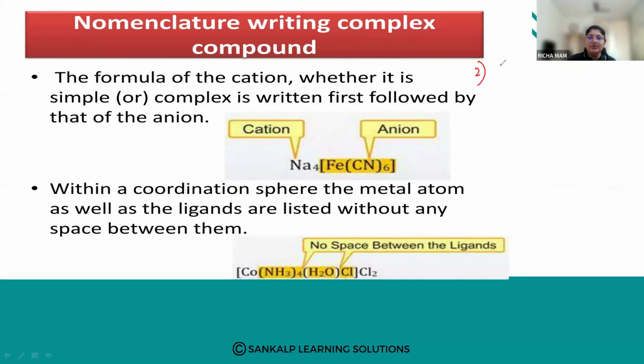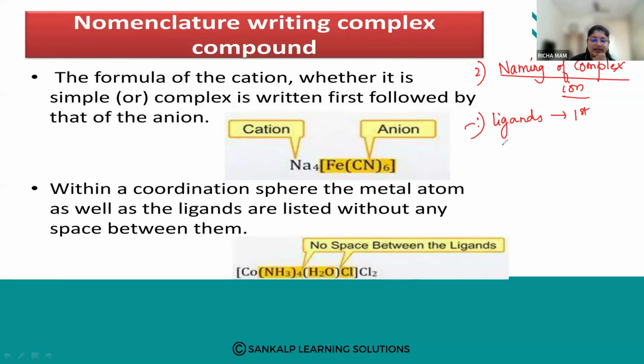Second rule: naming of complex ion. First was the order: when deciding the order between cation and anion, the cation should be named first, followed by the anion. Now, when you are naming the complex ion, your ligands are named first.